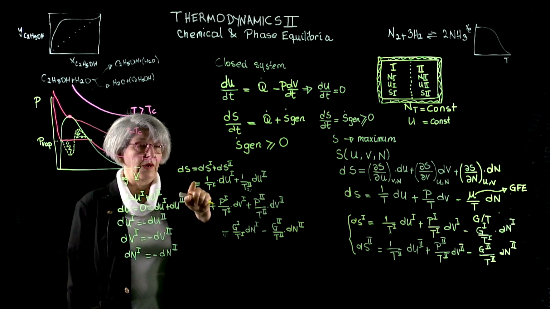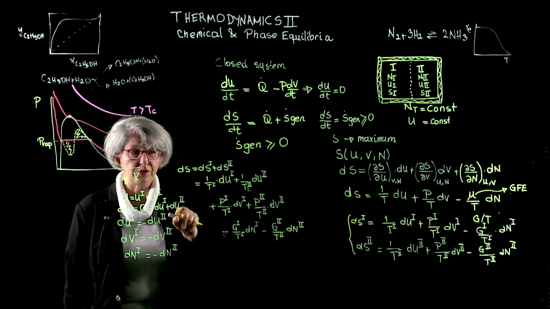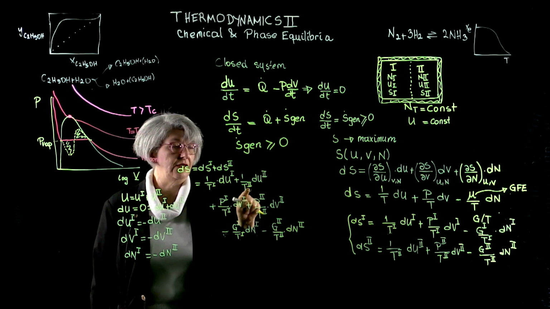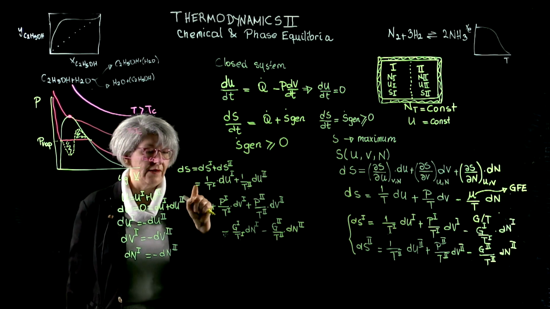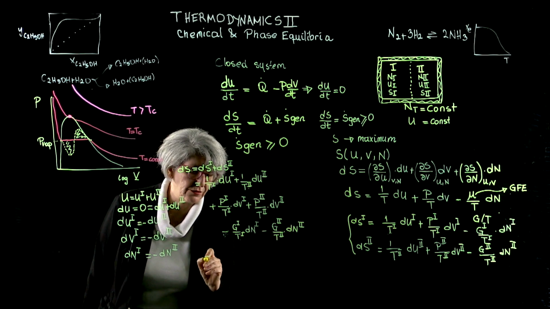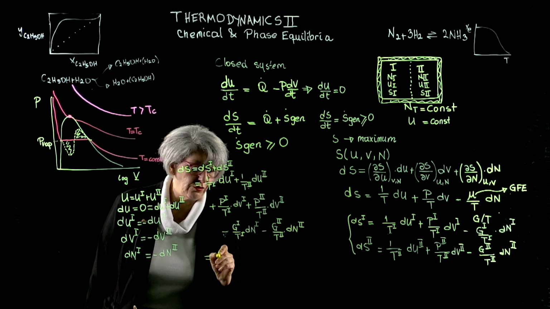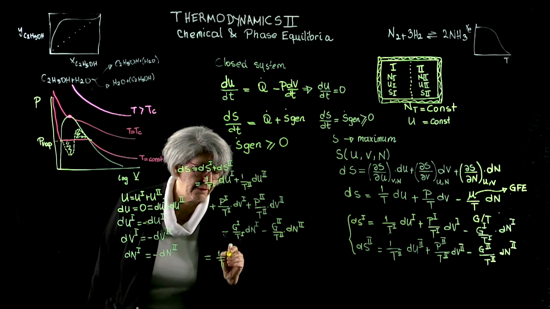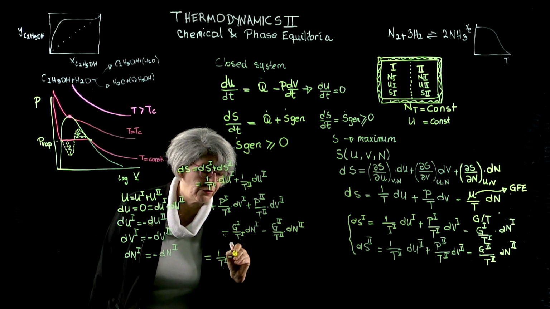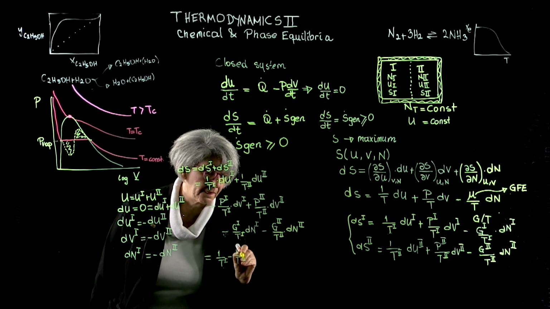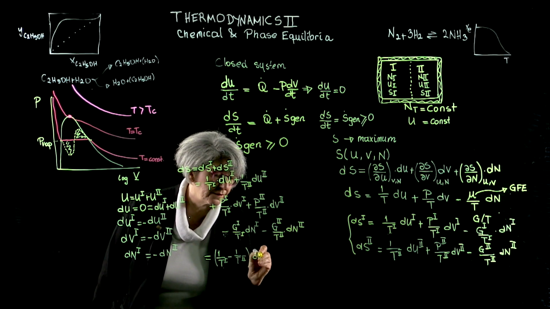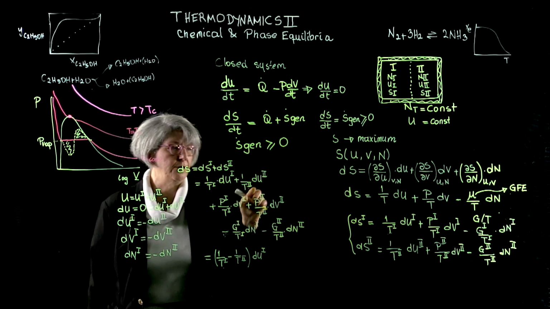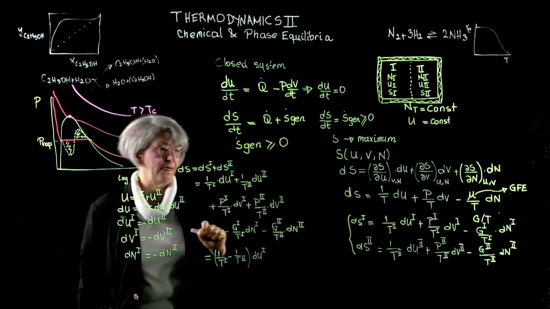So I'm going to substitute one for the other. I will go for 1. All right? I rewrite this equation as 1 over T1 minus 1 over T2 times dU1. Right? I substituted 2 for 1.